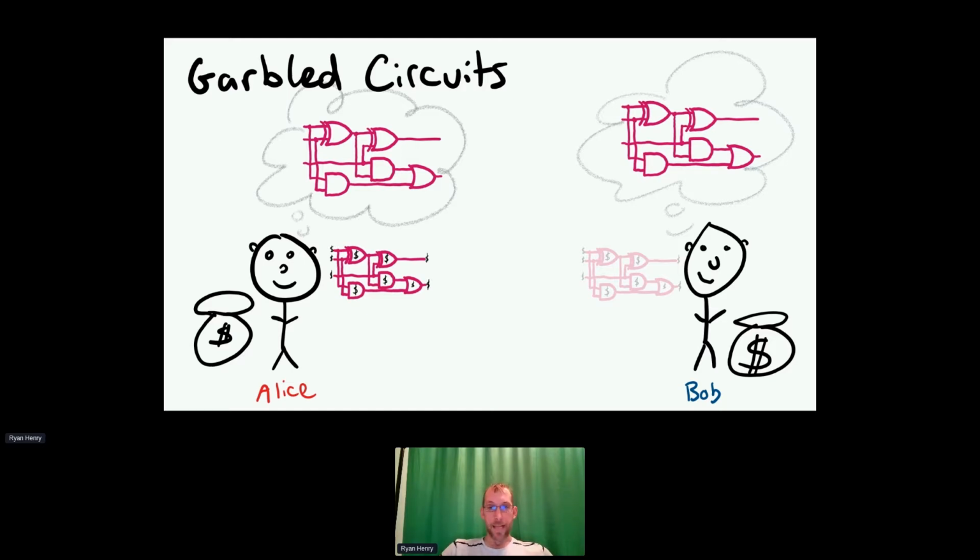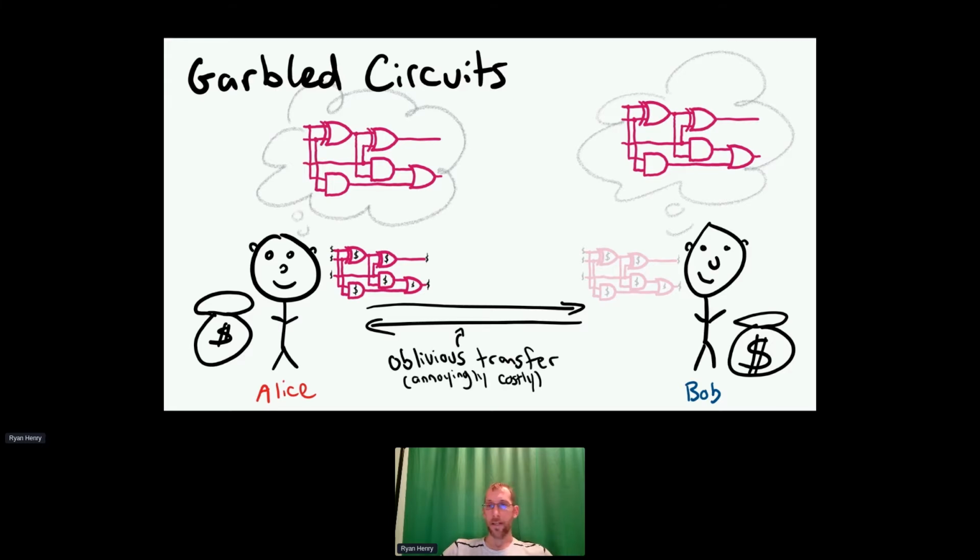And then what happens next is Alice and Bob engage in something called Oblivious Transfer, which is a very fundamental cryptographic protocol that allows Alice to get from Bob the correct inputs to put into this circuit, because remember, it's garbled. She doesn't actually know how to input things to it. Only Bob does.